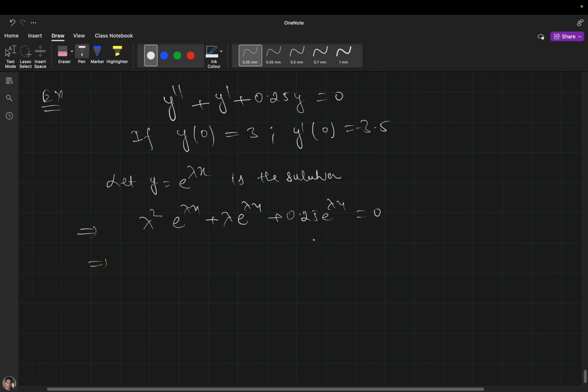Since e^(lambda x) cannot be 0, you will get lambda squared plus lambda plus 0.25 equal to 0. This equation is also called the characteristic equation.